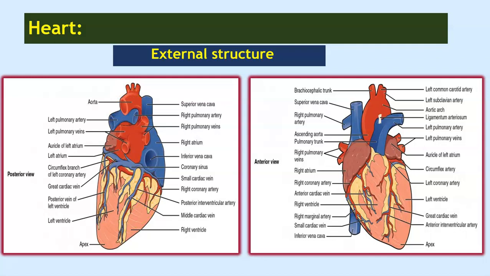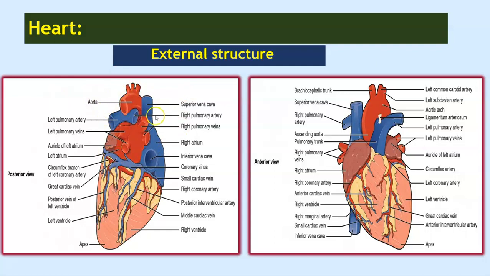Now, the pulmonary trunk bifurcates into right and left pulmonary arteries. Aorta, which is also called the systemic aorta, is divided into three regions: ascending aorta, systemic arch, and the descending aorta. The ligamentum arteriosum joins the pulmonary trunk and the aortic arch.